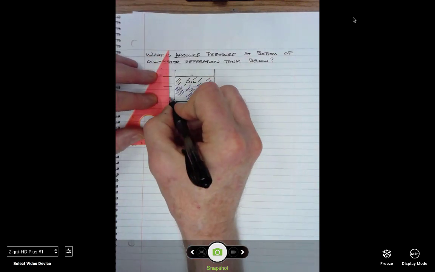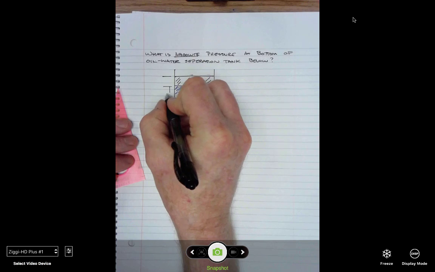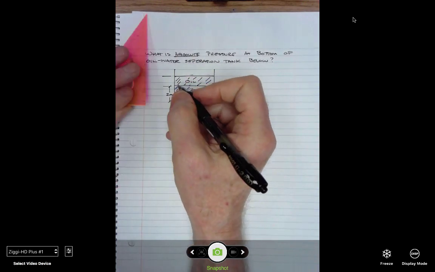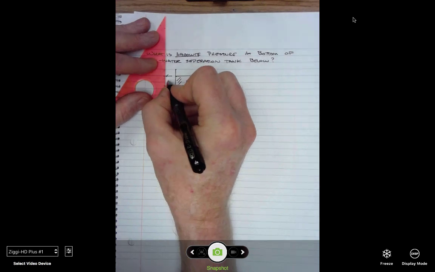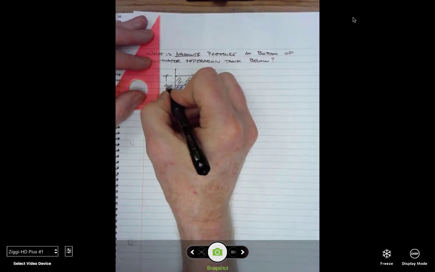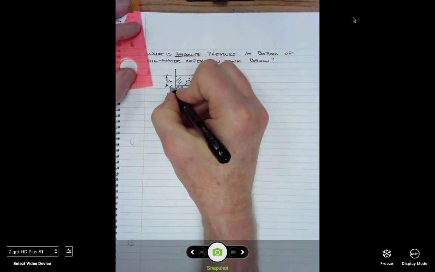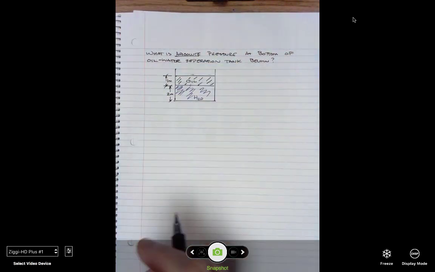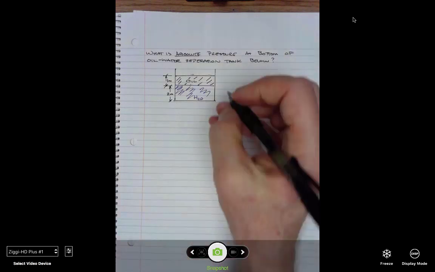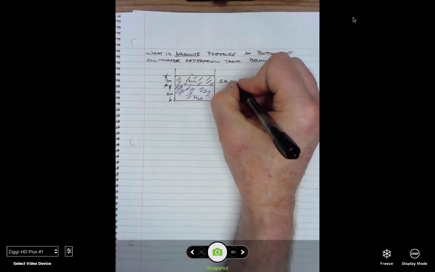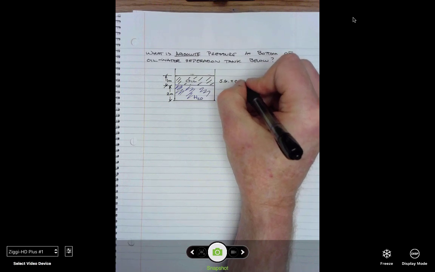There are 2 meters of water from the bottom, and then a meter of oil floating on top of that. Okay, the specific gravity of oil in this instance is 0.8.